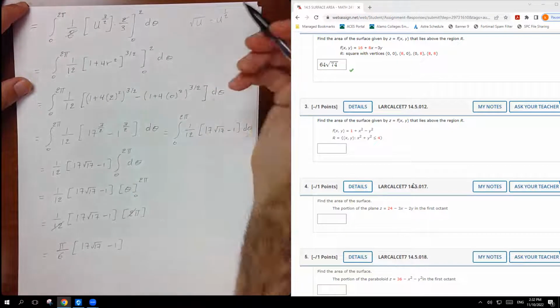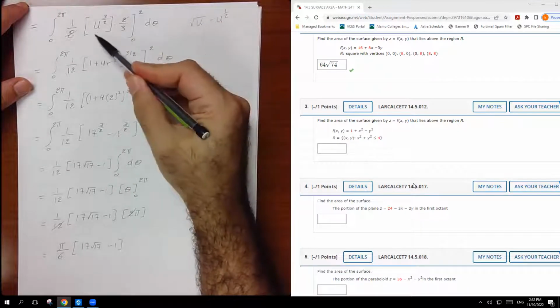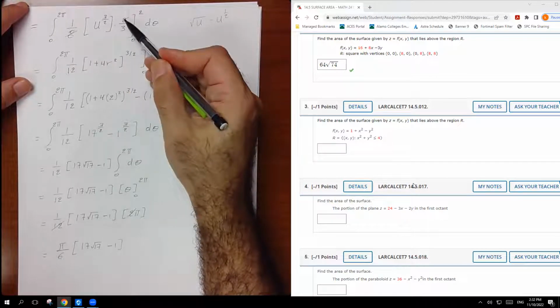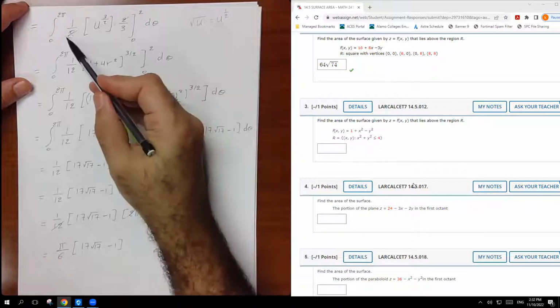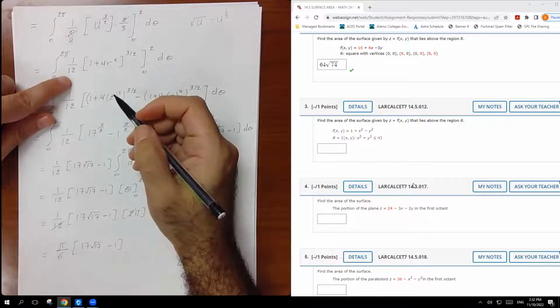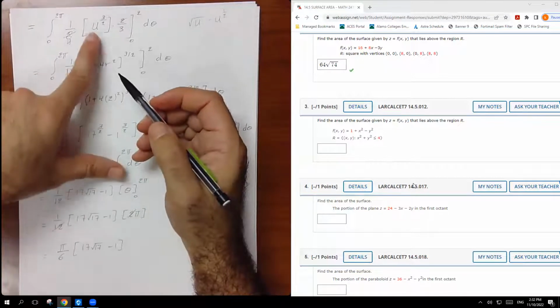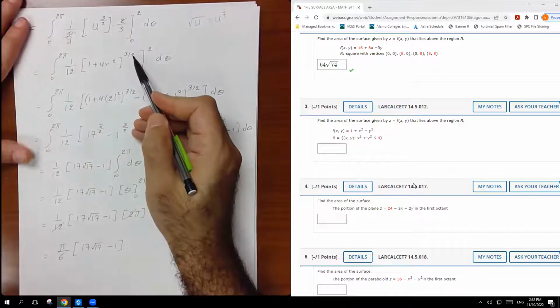Now the integral is going to be u to the 3 over 2 divided by 3 over 2. Flip this one, 2 over 3. Cancel 2 with the 8. 3 times 4 is going to be 12. So 1 over 12.